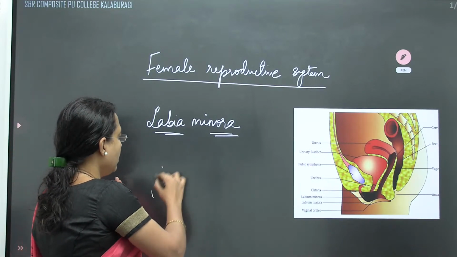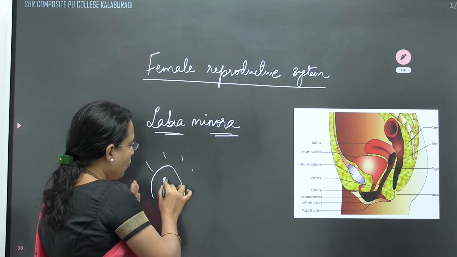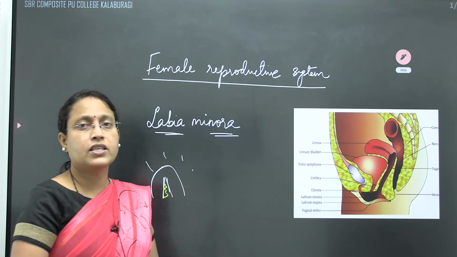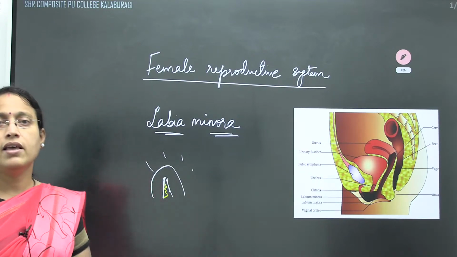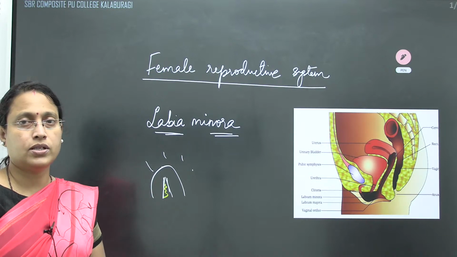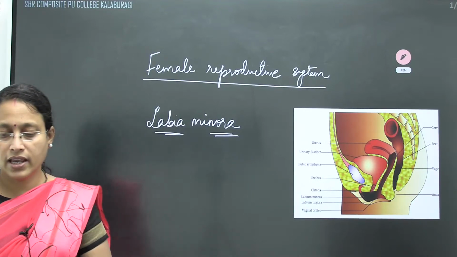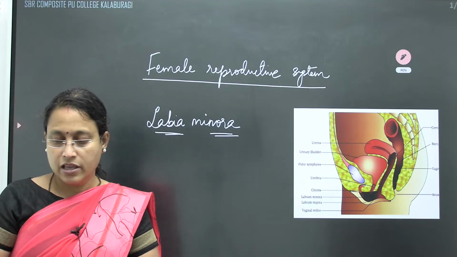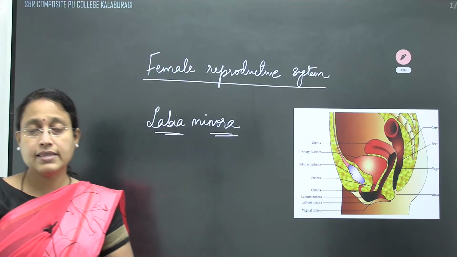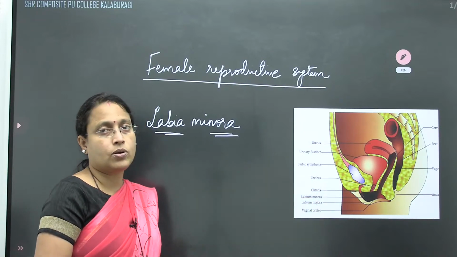Now, the space that comes in between these two folds of the skin is called the vestibule, or vestibular region. So that was about the labia minora, the inner fold of skin. Anteriorly, at the junction, there is a structure called the clitoris.